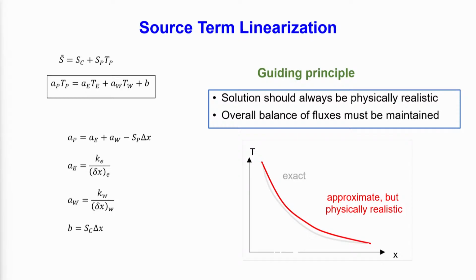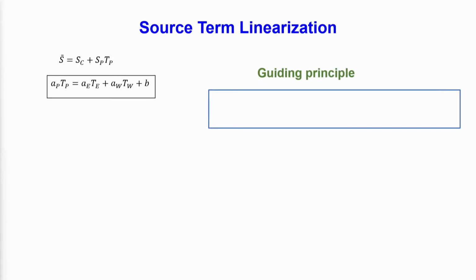If your SP is 0, that means there is no heat source, then you have AP equal to AE plus AW. Now this has to be satisfied. Why? See, if that is not satisfied, then if you look into the differential equation, let us get back to the differential equation from which we started.